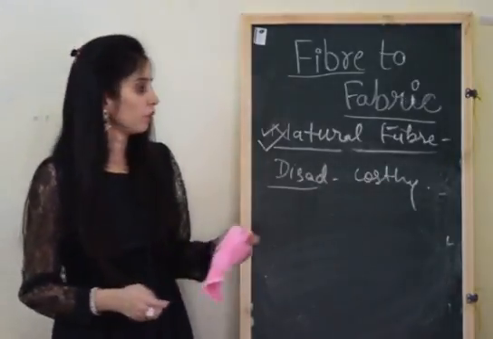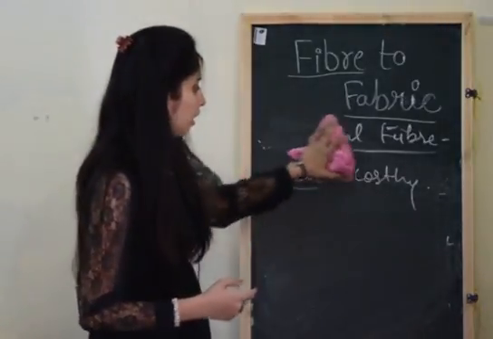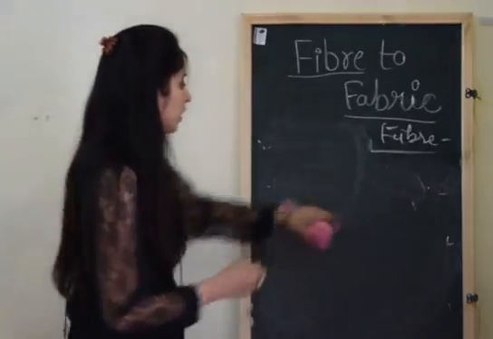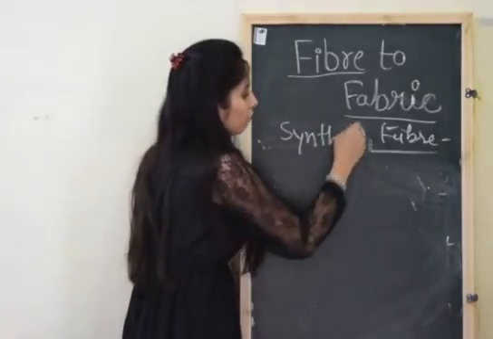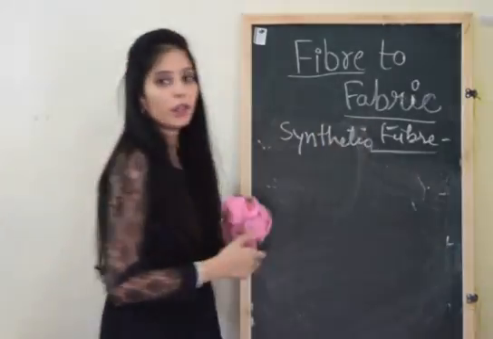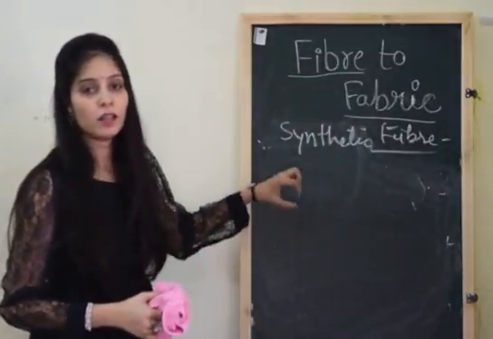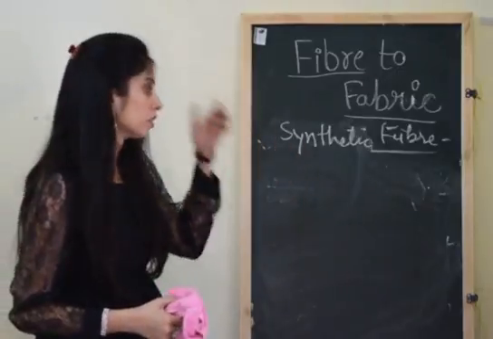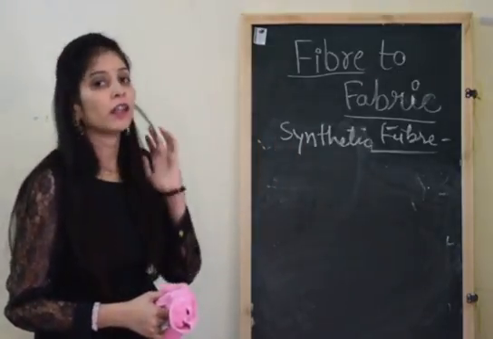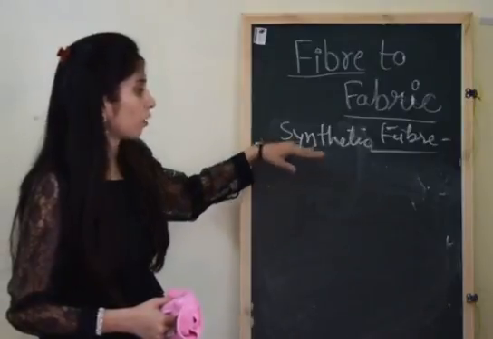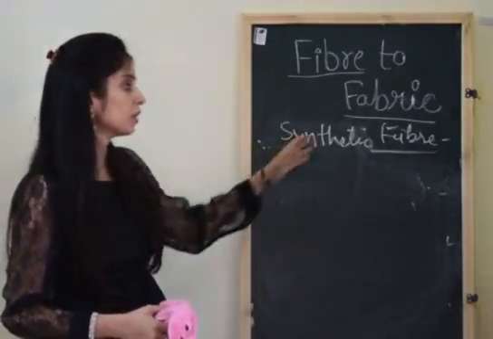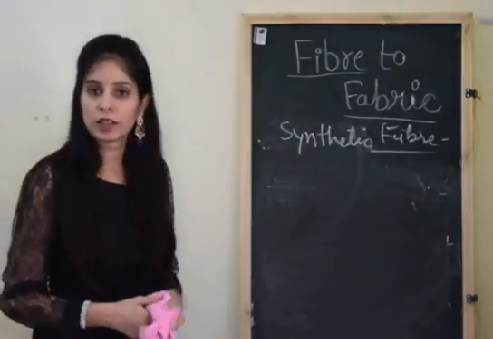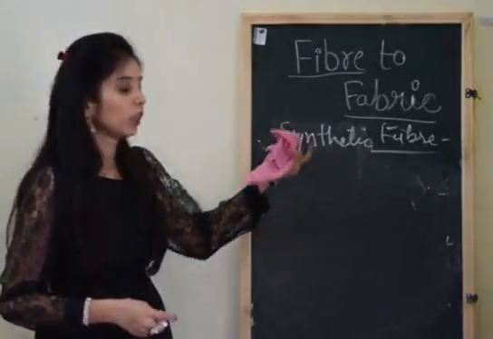Now second, we know that synthetic fibers are those fibers which are made from chemicals, and these are made in industries as well as factories, and so they are called synthetic fibers. The cloth made from synthetic fibers is called synthetic fabric.